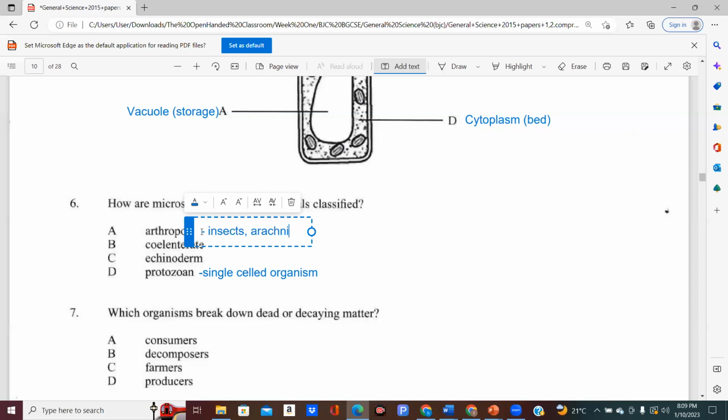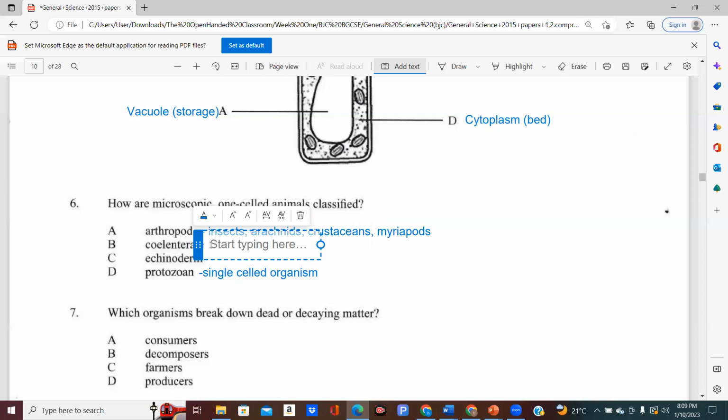You also have your crustaceans, like the crabs. And then we have myriapods, like the centipedes. All these are your arthropods.